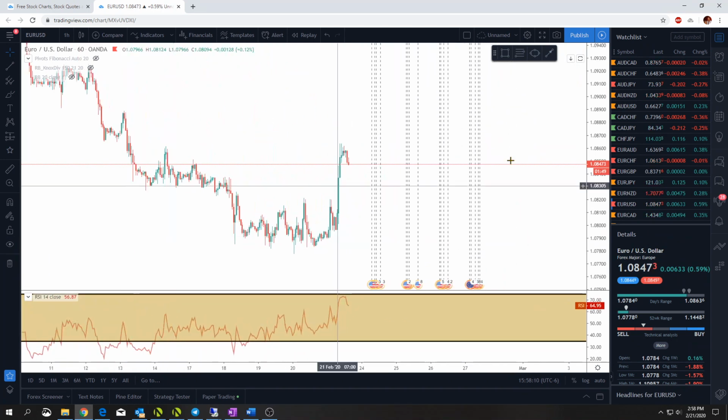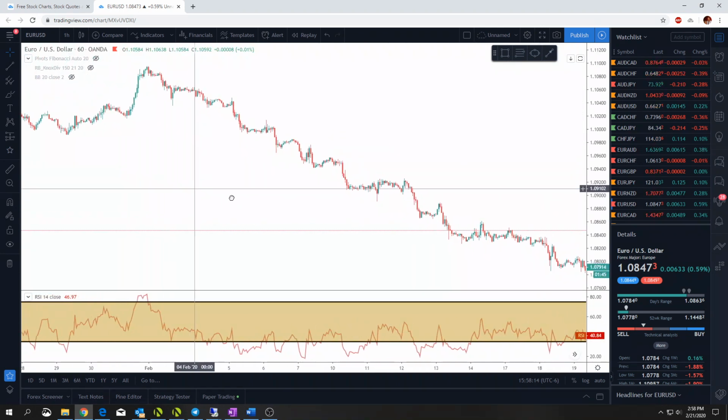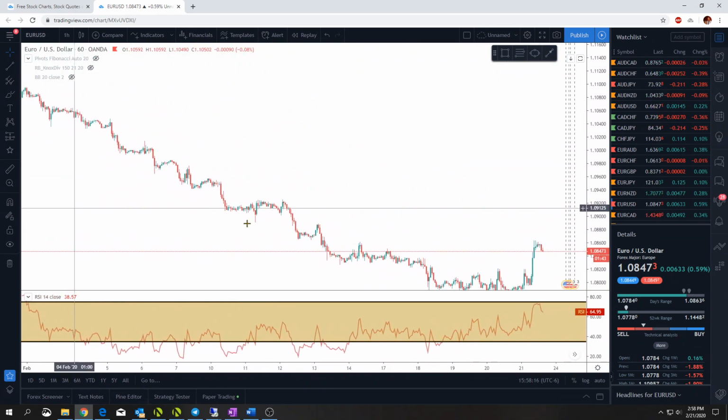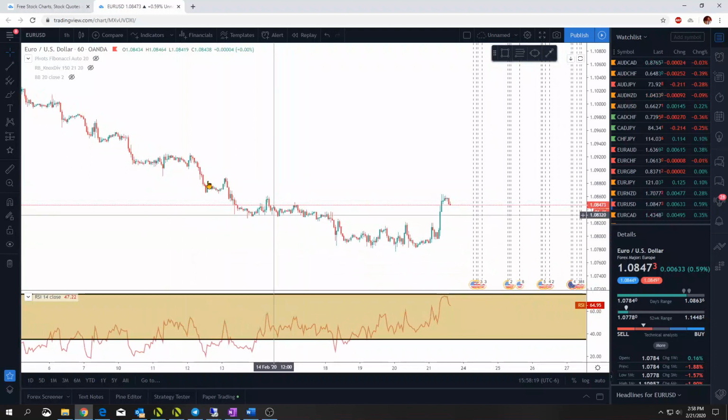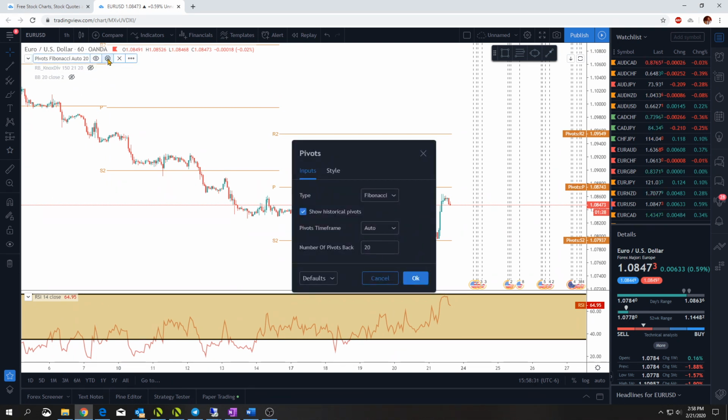Okay. So here is the Euro US dollar. Nice, clean chart, right? So I'm going to show you guys, I like to use standard pivots. Let me just turn it on and let's go through the settings here. So when you put this standard pivots indicator on your chart, I like to use the Fibonacci.